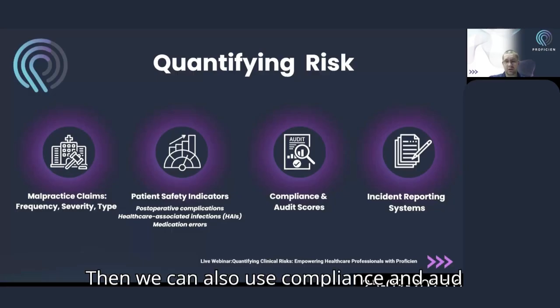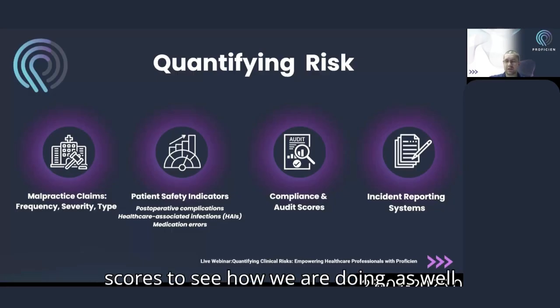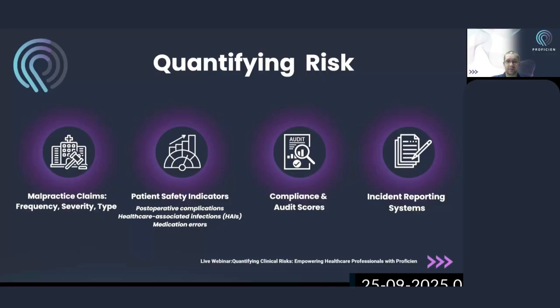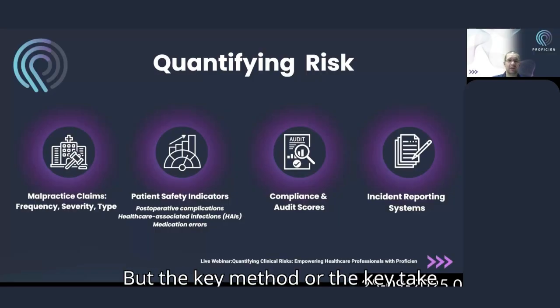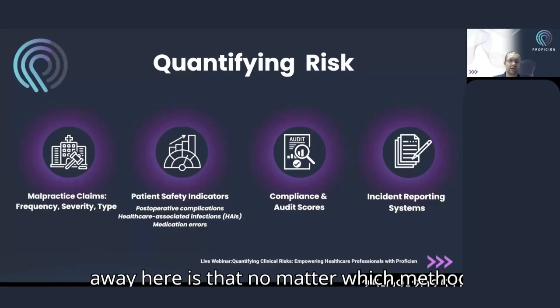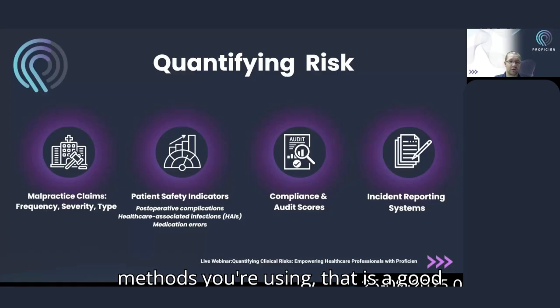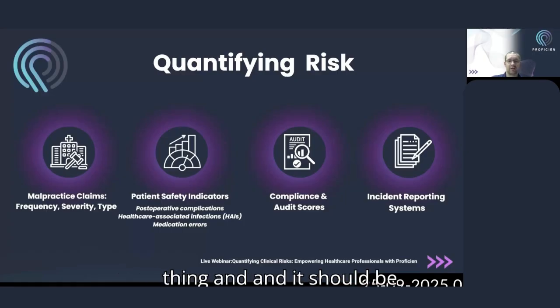Then we can also use compliance and audit scores to see how we are doing, as well as various incident reporting systems. But the key takeaway here is that no matter which method or combination of methods you're using, that is a good thing, and it should be done as a starting point to ultimately mitigate risk.